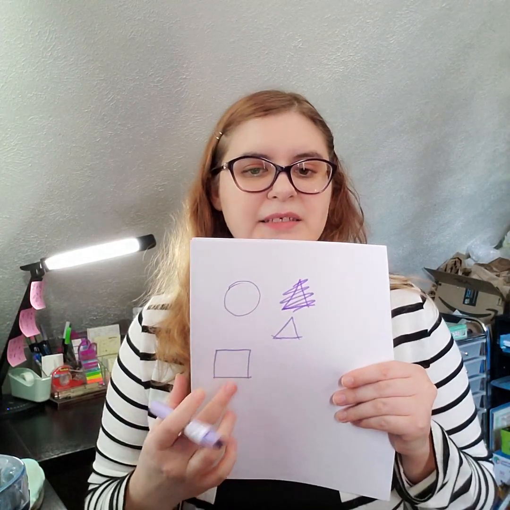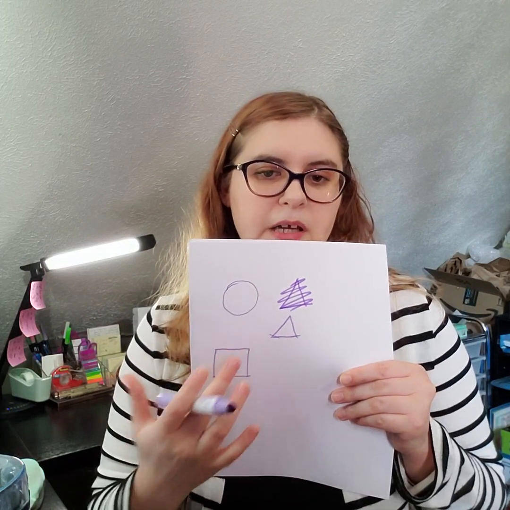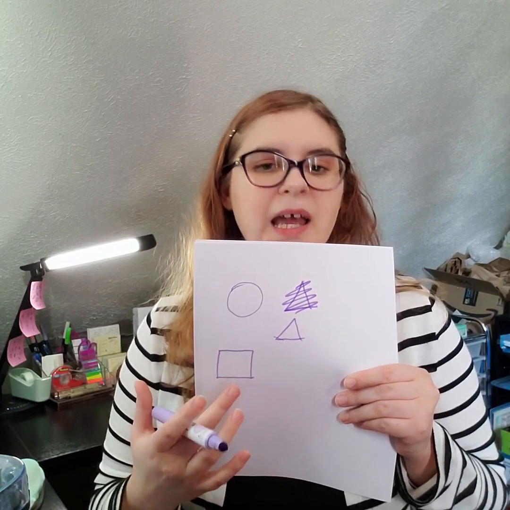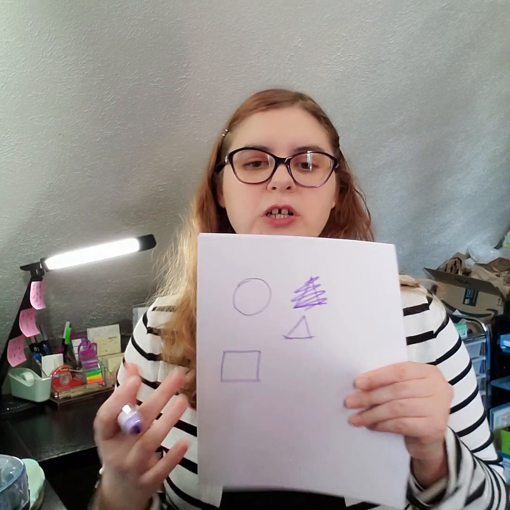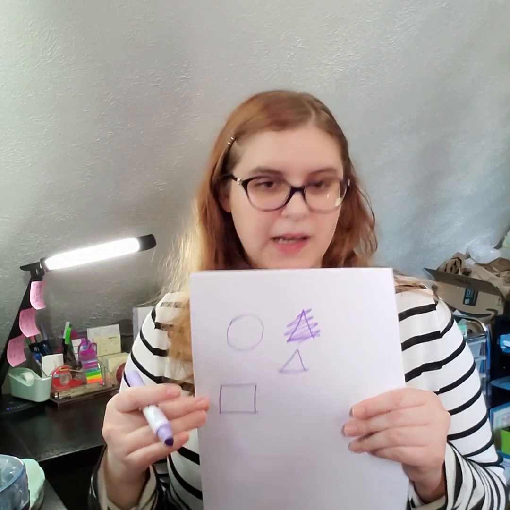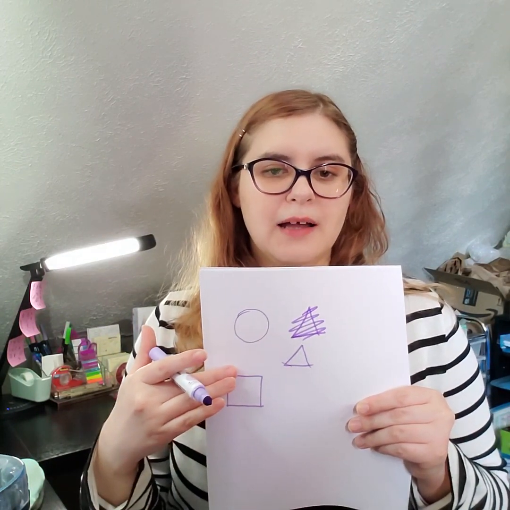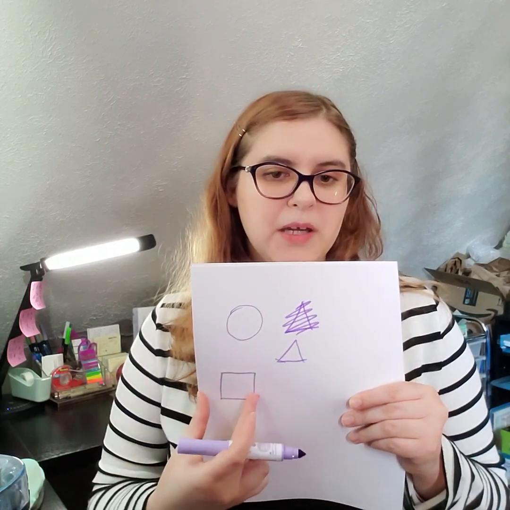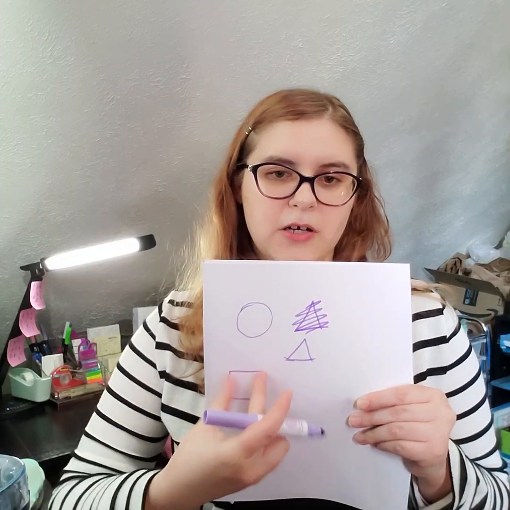This is a square. It has 1, 2, 3, 4 points, and 1, 2, 3, 4 lines. And for this one, what I also like to add is all the lines are the same length and height. That means they're all the same size no matter where they are.